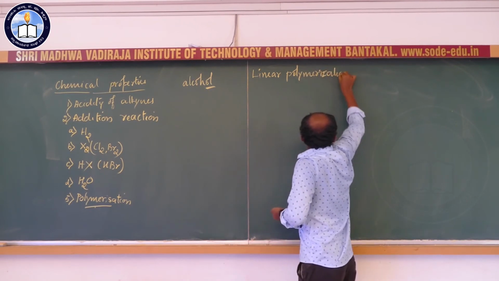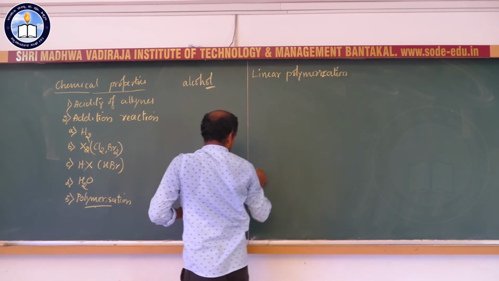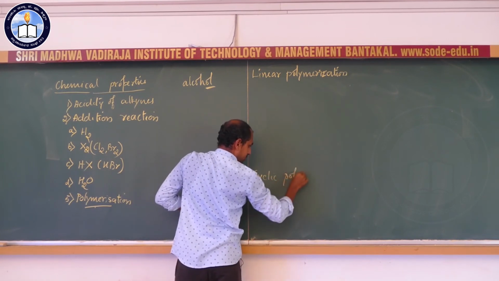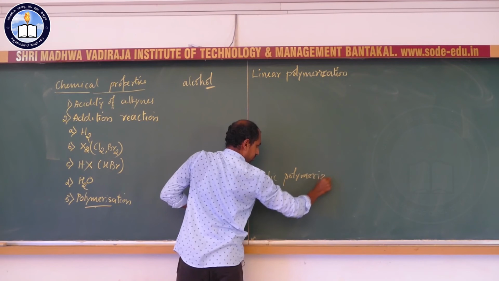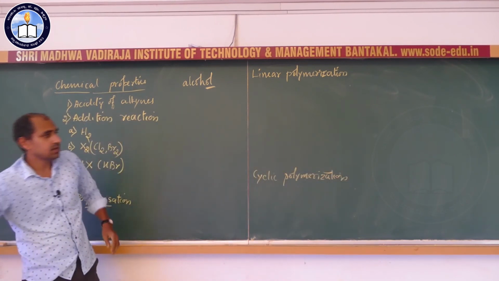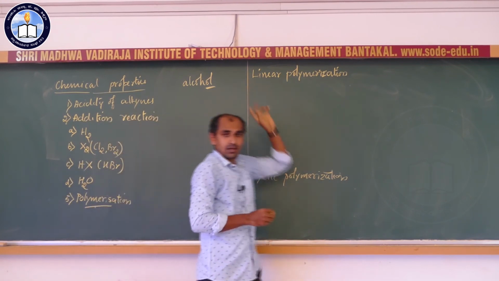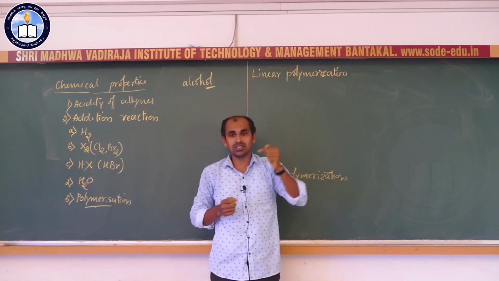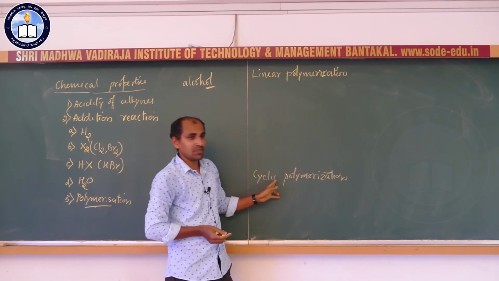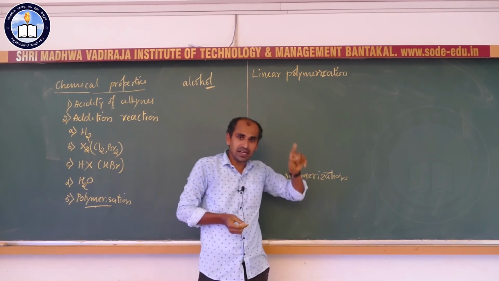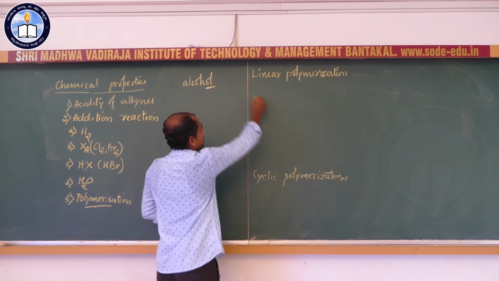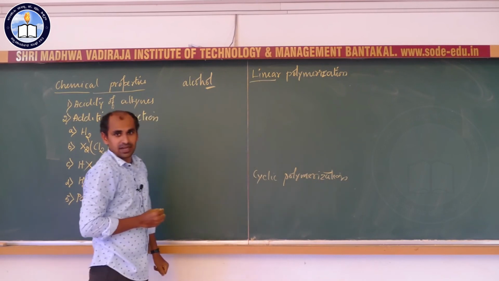The second one is cyclic polymerization. What is the difference? Linear means the monomeric units join to form a linear molecule. Cyclic polymerization means monomeric units join to form a cyclic molecule. First we shall see linear polymerization.